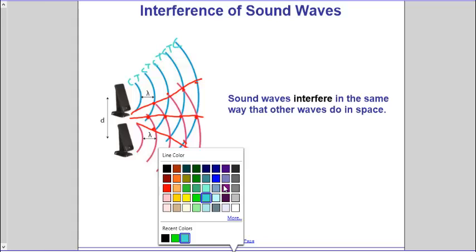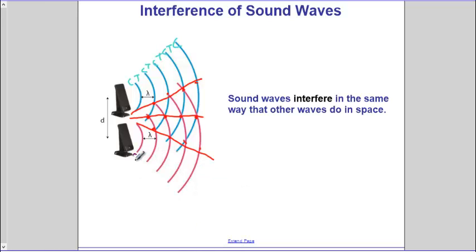Identify the purple waves: crest, trough, crest, trough, and so on. I'm going to draw locations where the trough of the blue wave meets the crest of the purple wave. So there, there, and there. Here, here, and here.